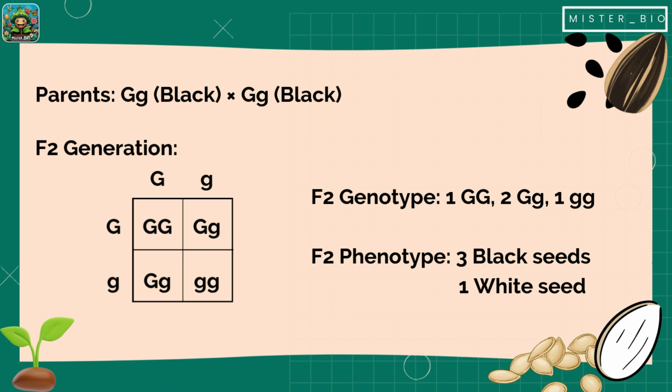Now, for the phenotype, we will have three black seeds and one white seed. Though it is actually not being asked about the phenotypic ratio, we could say three black seeds is to one white seed.